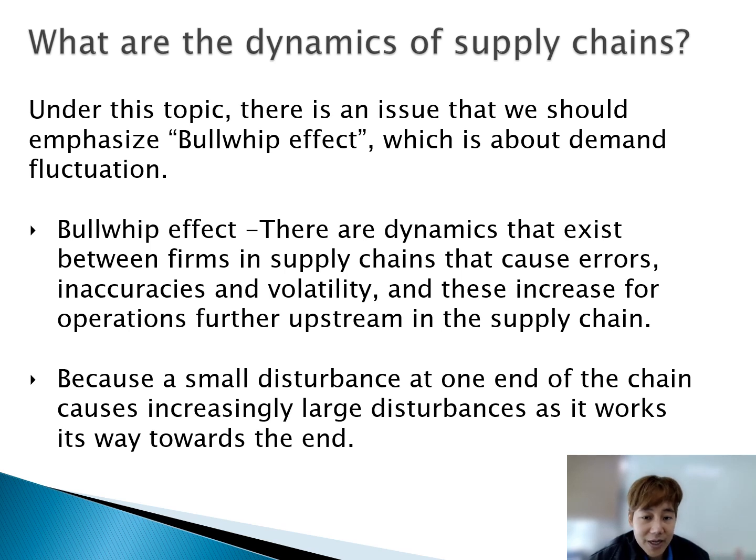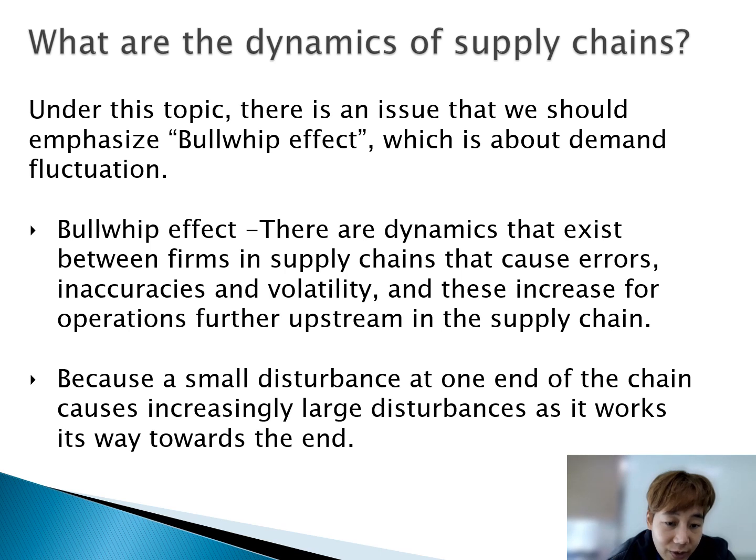You can imagine like this: if something happens, even small, it can spread and create a big problem in a large area, something like that. So the dynamics that exist between firms in the supply chain are called the error, the inaccuracy, and the volatility.